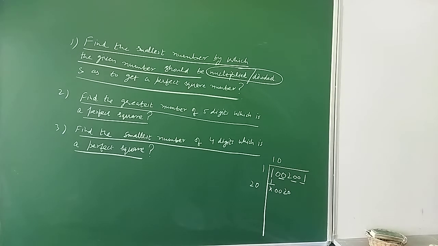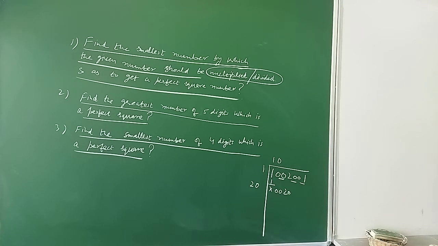Good afternoon to all. Today, through this lecture, I would like to explain three things related to your square root, and you will definitely find the application of these three parts somewhere in your Exercise 6.2.